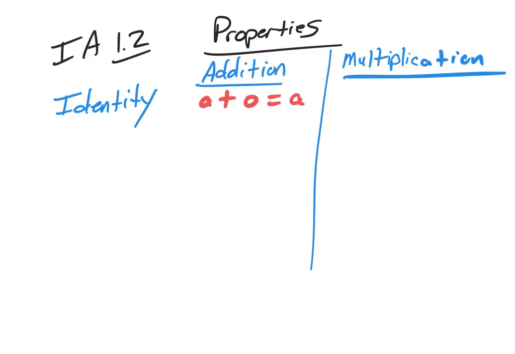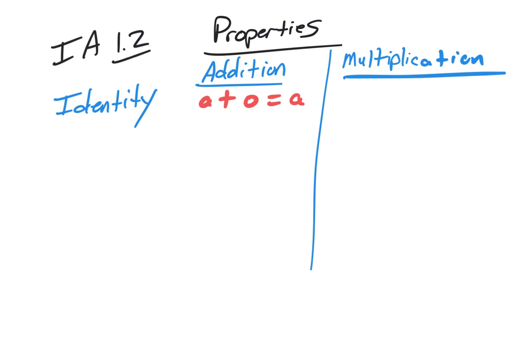And it works for any variable, no matter what, okay? I used 7 as an example, but I could put any number in for a, and that would be true. It could be negative, positive, a fraction, a decimal. Doesn't matter what the number is. What do I have to do to get back to its identity, get back to itself?